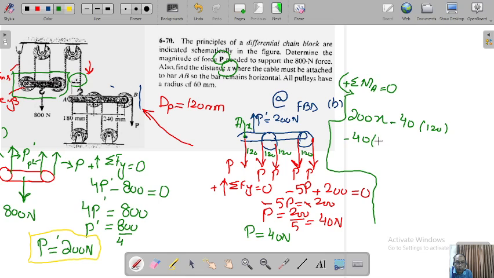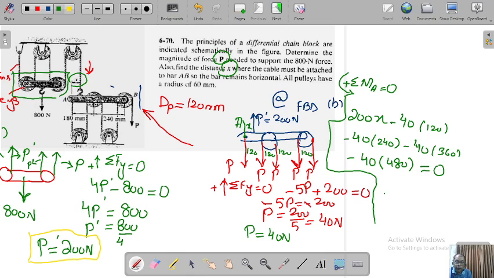The third force will be minus 40 into 360. And the last force will be minus 40 into 480, which is 360 plus 120. The summation of moments must be equal to 0.